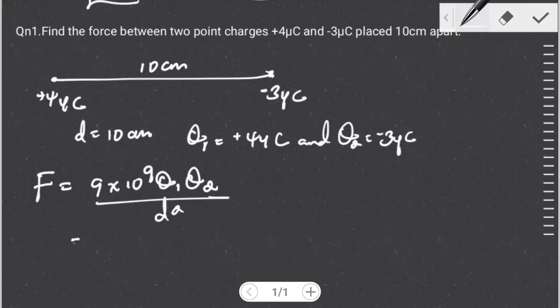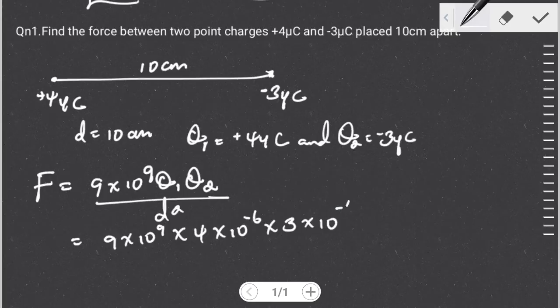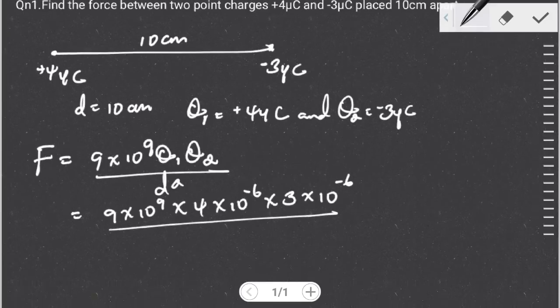Therefore, I'm going to have 9 times 10 to the power 9 times 4 times 10 to the power negative 6, times 3 times 10 to the power negative 6, all over the distance of separation, which you convert to meters, so this would be 0.1, squared.